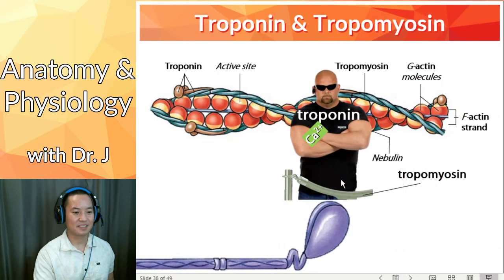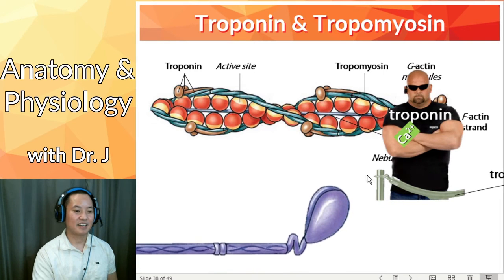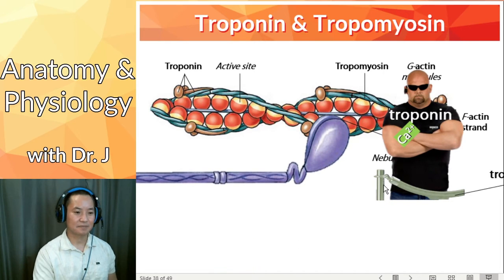So what happens? Again, when the muscle is at rest and there's no contraction, troponin and tropomyosin are blocking myosin from binding to actin. But now we have calcium in the equation. Now troponin is happy, and with calcium in hand, it moves tropomyosin out of the way, and now myosin can bind to actin.